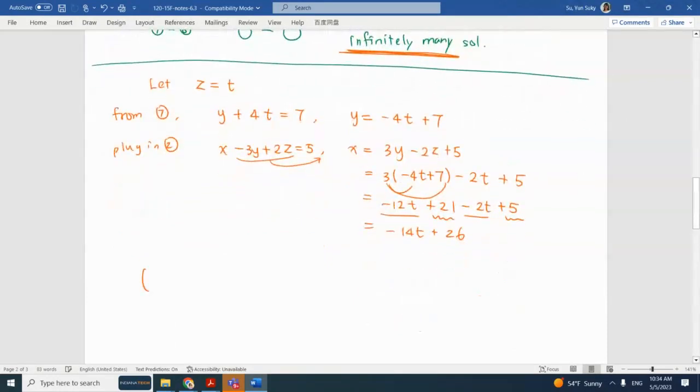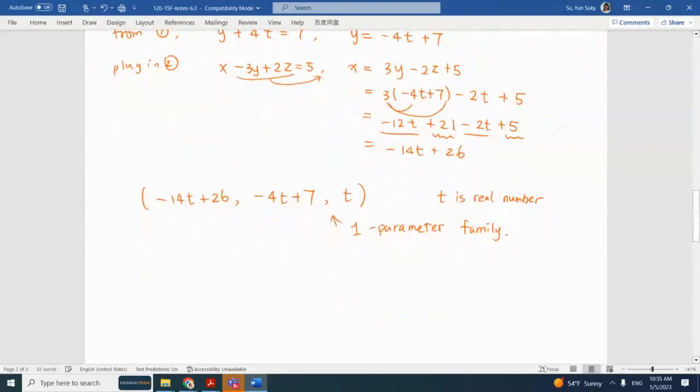See, you have your x is negative 14t plus 26. Your y is negative 4t plus 7. Your z is t. And t is any real number. So this is a one parameter family.